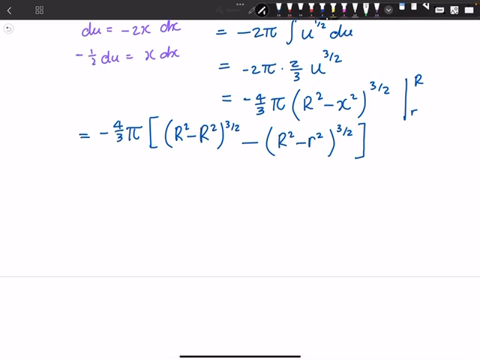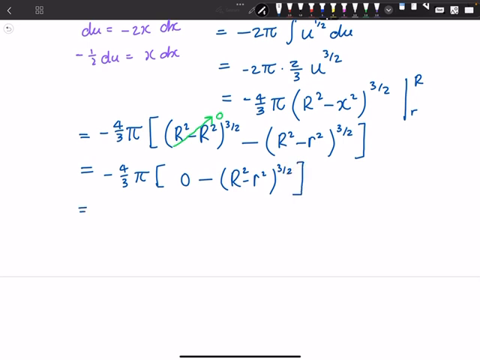Right? So you see that big R squared minus big R squared is equal to 0. So I get negative 4/3 pi times 0 minus big R squared minus little r squared raised to the power 3/2.